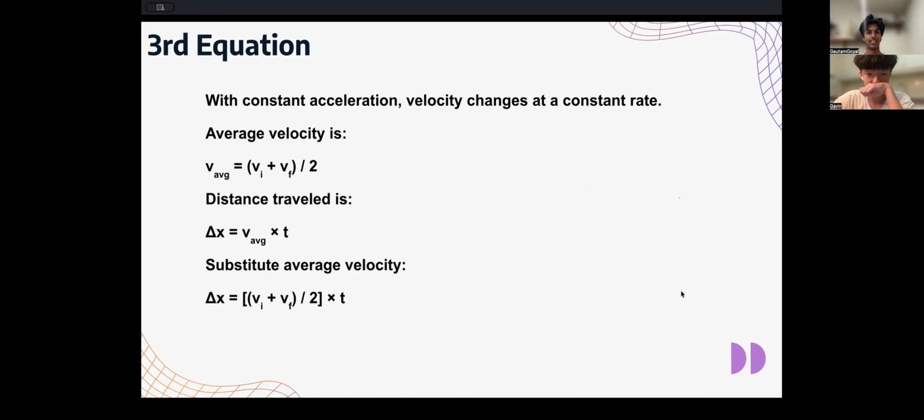Okay, the third equation. This is where it gets tricky. We have a new definition now, okay? This is what I was talking about earlier, actually. Do you guys know how to find an average of two things?